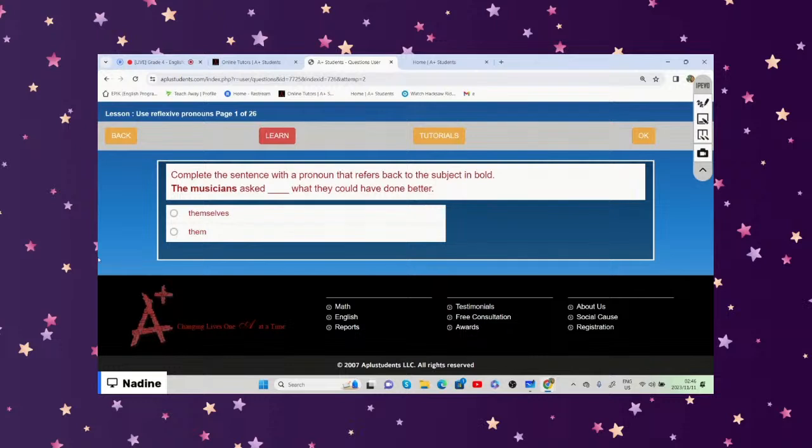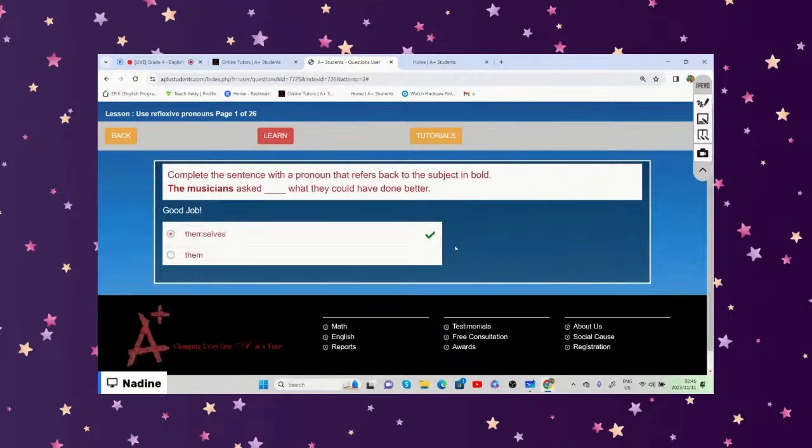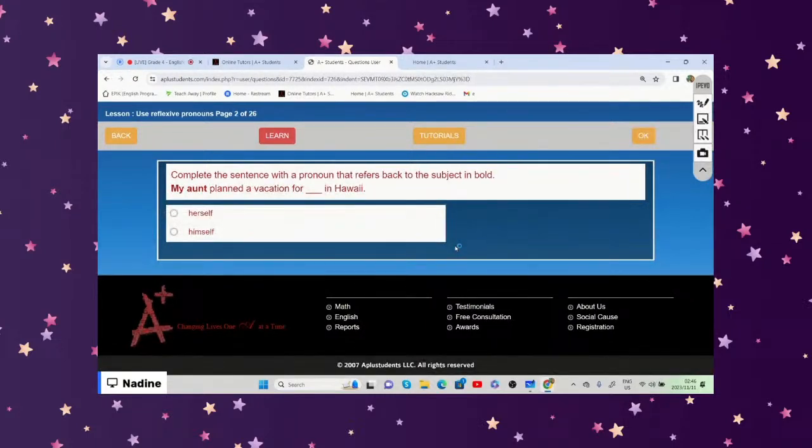All right, so we're going to say the musicians asked themselves what they could have done better. Remember, we are referring back to the subject. So if we're referring back to the subject, then it means that we are using a reflexive pronoun. So themselves, because it refers back to the musicians.